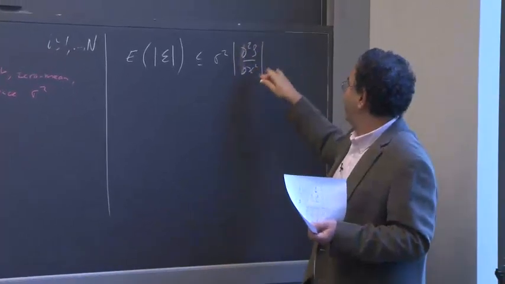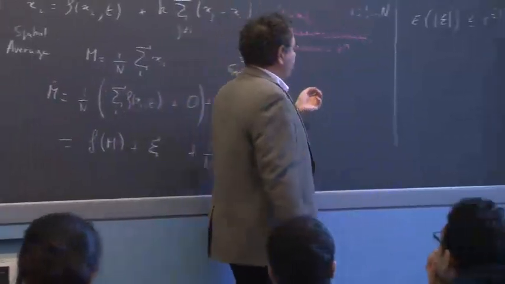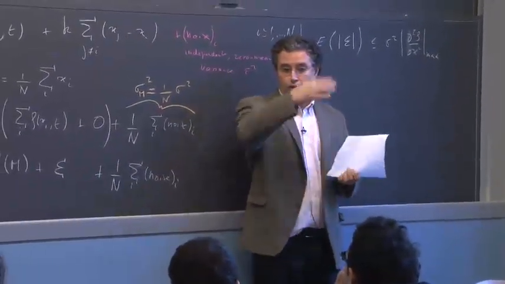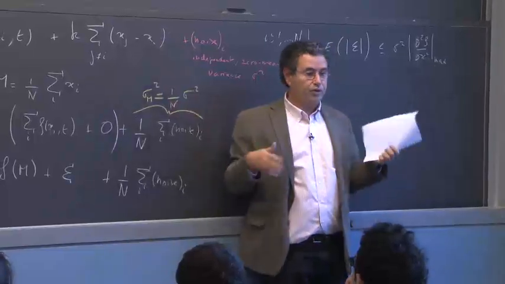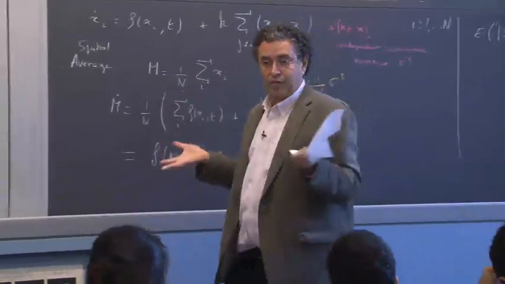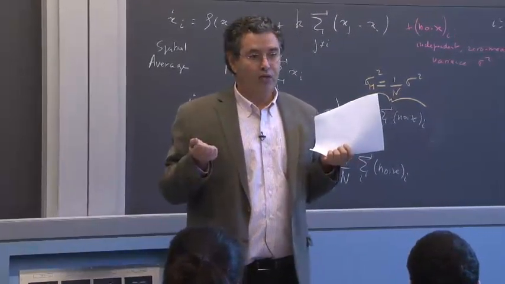You have the second derivative, d squared f over dx squared, in absolute value max. So f is a function of x and t. So this is the maximum curvature of this function. This function could be whatever, depends on x and time. And this is the maximum curvature, the second derivative of this function.